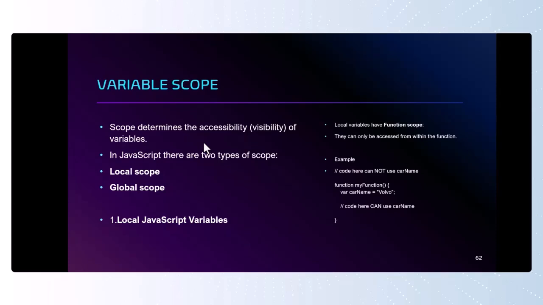So in this example, the code here cannot use the carName because you have myFunction with var carName equals Volvo inside the function. Inside the function, you can use that variable, but you can't use it outside of it because it's declared inside the function.